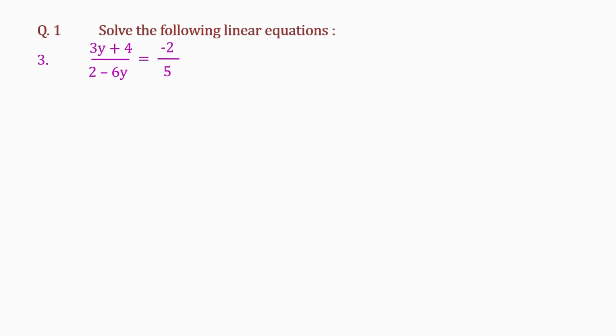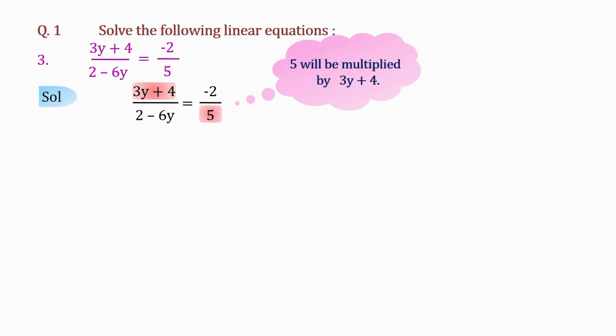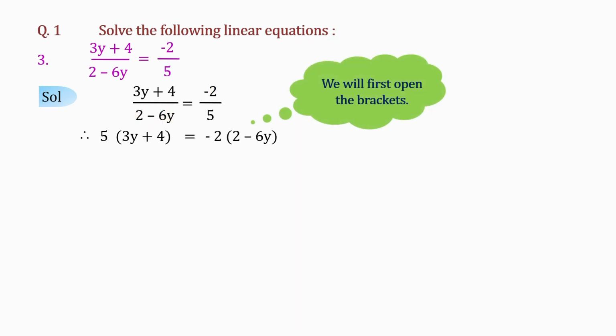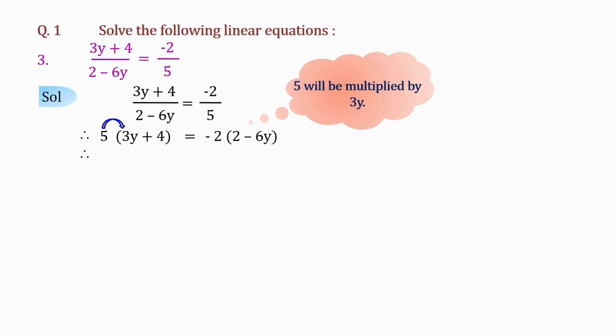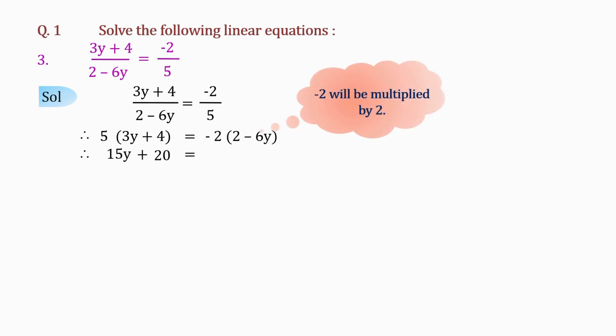Now next, solve the following linear equation. 3y by 4 by 2 minus 6y equal to minus 2 by 5. So here first we are going to do the cross multiplication. So I'm showing you step by step. Now we are going to open the brackets. Here also we are going to open the brackets. So be careful, there is a minus, minus minus becomes plus.